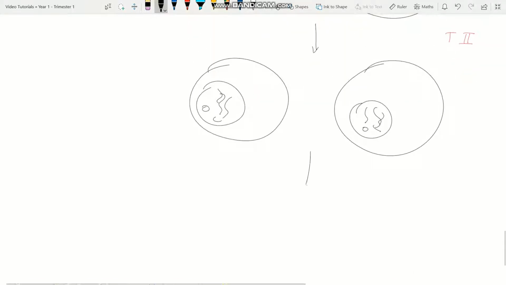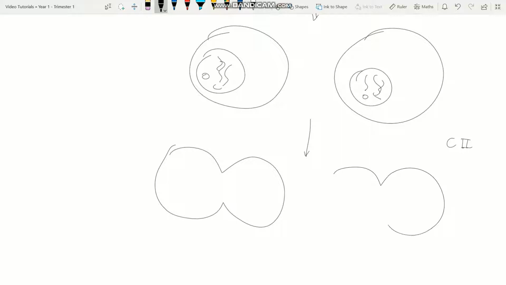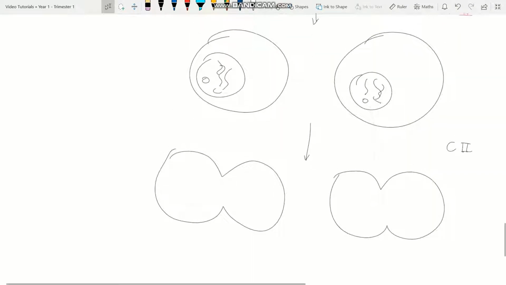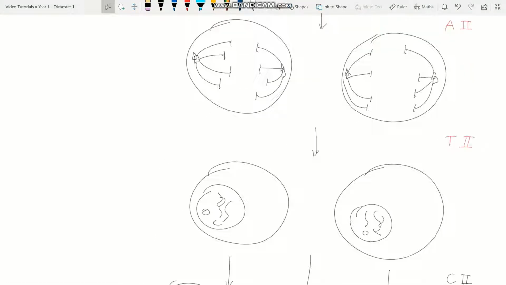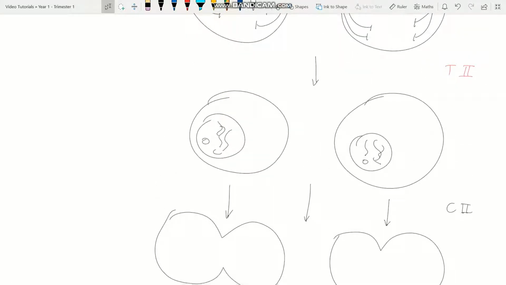And finally, in cytokinesis 2, the cleavage furrow will form between the two cells, like so. And we will have the formation of 4, in addition to the 2 that were there before, genetically different haploid cells.